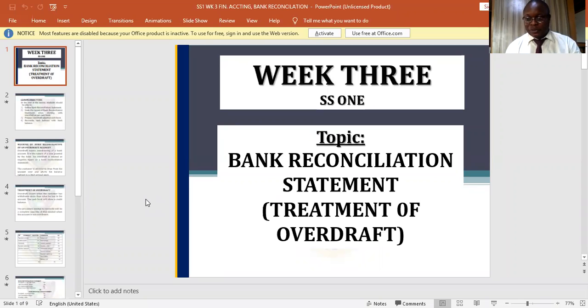In our previous lesson, we discussed bank reconciliation statement, starting with balance as per cash book. This bank reconciliation statement can be defined as the statement that is prepared by an account holder for the purpose of finding out the differences between the cash book and bank statement balances, to reconcile the two balances.